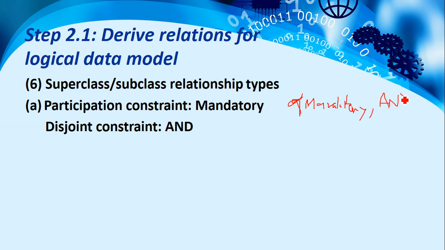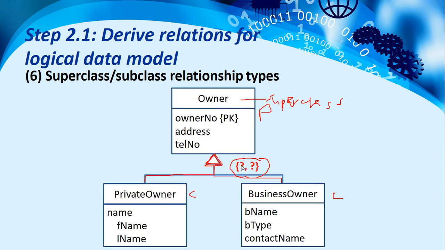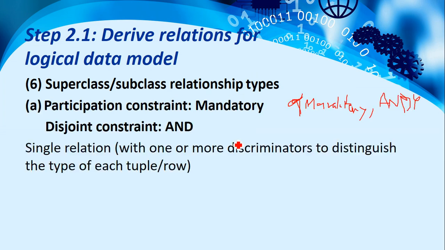So, imagine lang, mandatory, ito yon, and ito yon. So, mandatory and. Okay? So, imagine if you can encounter that scenario, mandatory dito and dito. No? So, single relation. Okay?